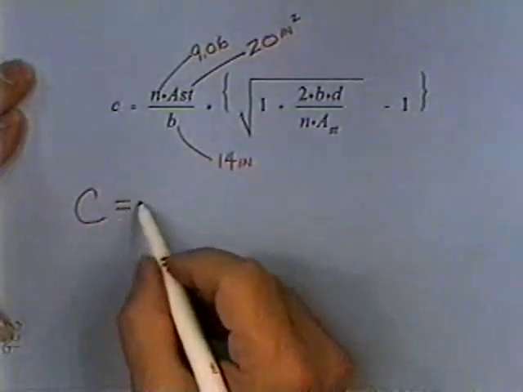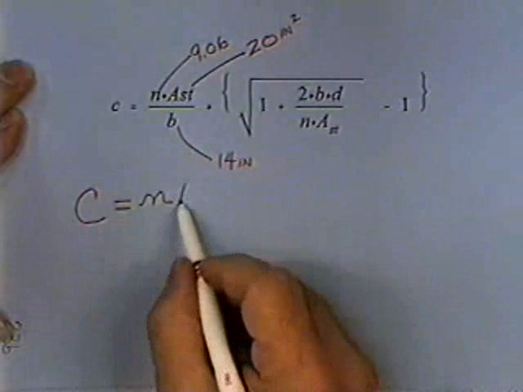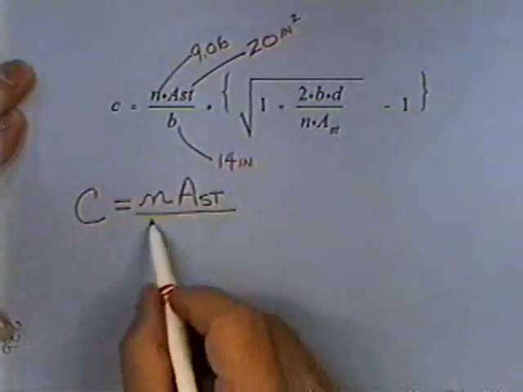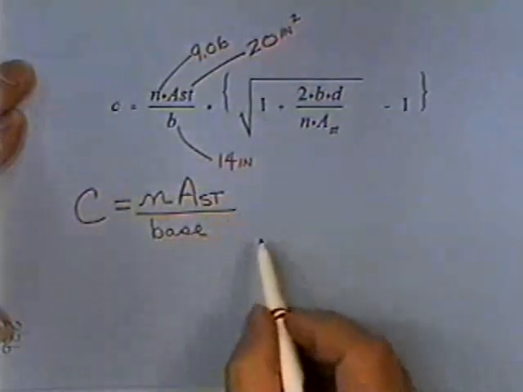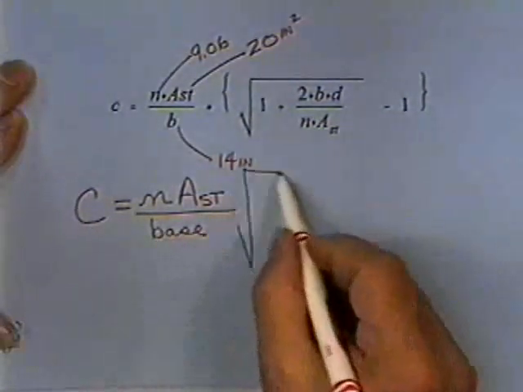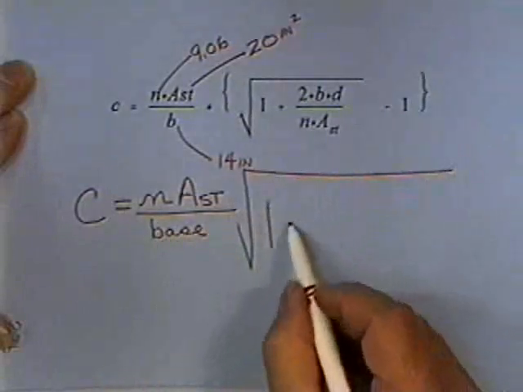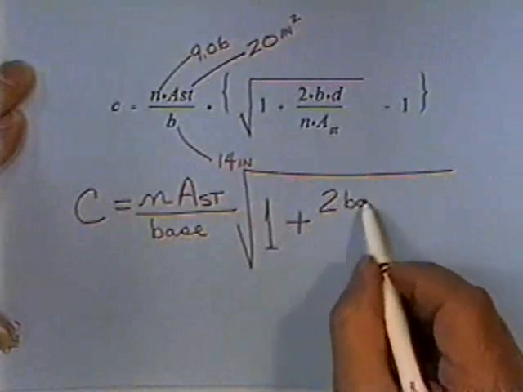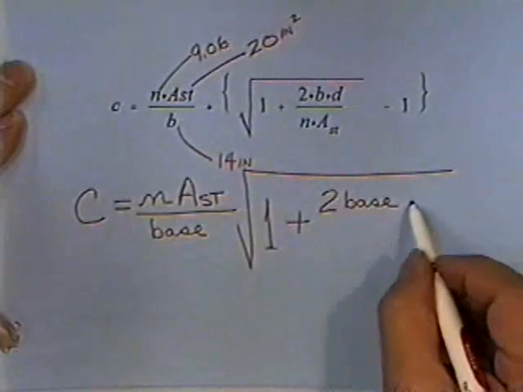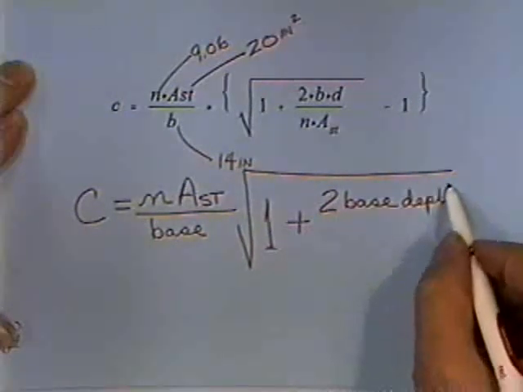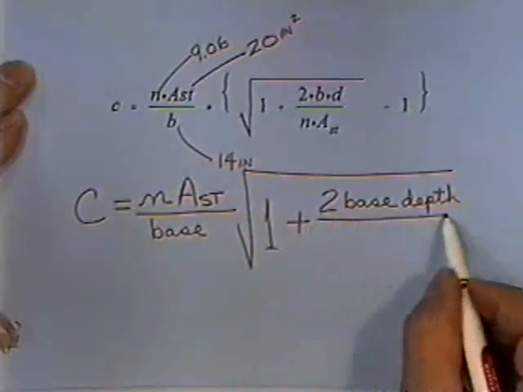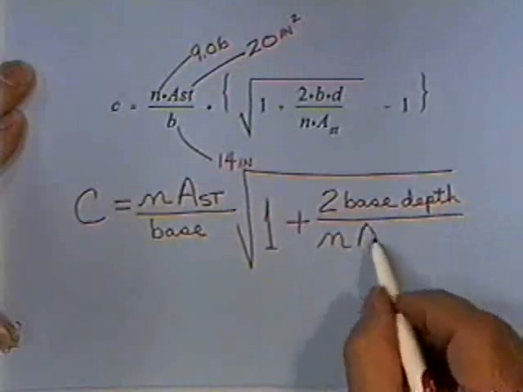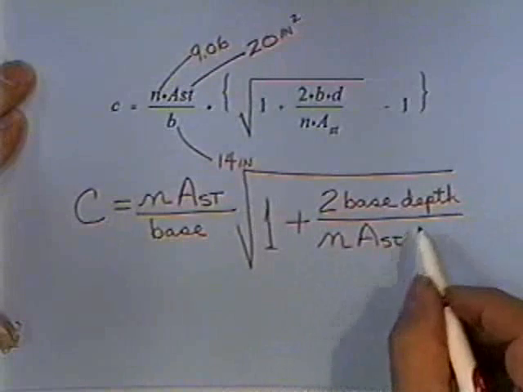C is equal to the modular ratio times the area of the steel in the beam divided by the base of the beam times the square root of 1 plus 2 times the base of the figure times the depth of the beam divided by the modular ratio times the area of the steel.